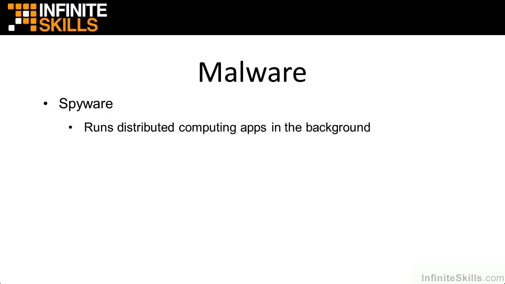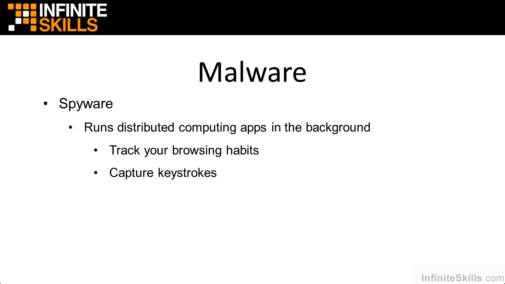Now, spyware is another thing that's particularly dangerous. This runs distributed computing applications in the background. A distributed computing application is an application that runs remotely and connects different computers across a network. These things will introduce code that will track your browsing habits and email it or transfer it back to the source. It'll capture keystrokes, and now we're talking about things like capturing passwords, credit card numbers, all kinds of personal identification things like social security numbers.